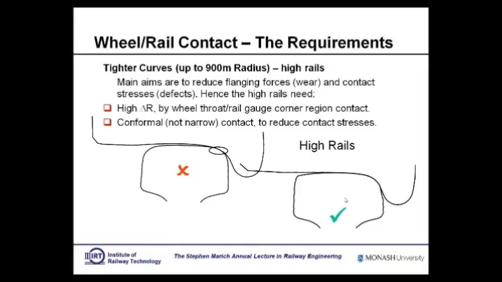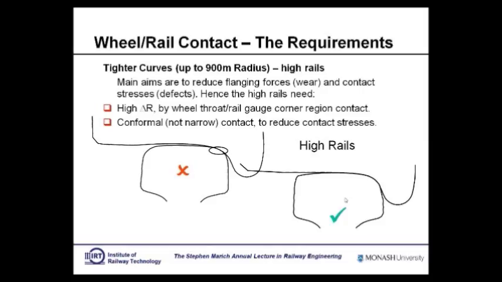That's fine. Okay. You have the tighter curves. And the tighter curves, by tighter curves I mean something that is up to 900 meter radius. So you have 900 meter radius down to 200 meter or less. The high rails in these curves are the outside rails, the ones that wear out faster.